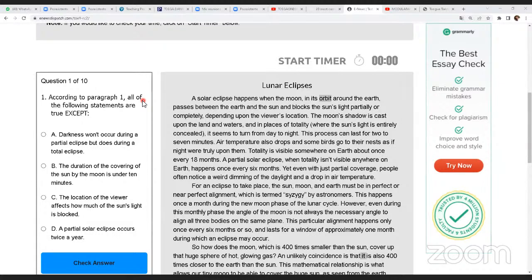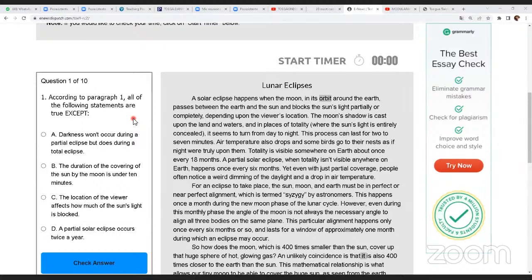I can read once again. Sure. Okay. Right, I'm not sure, but the location of the viewer affects how much of the sun's light is blocked.